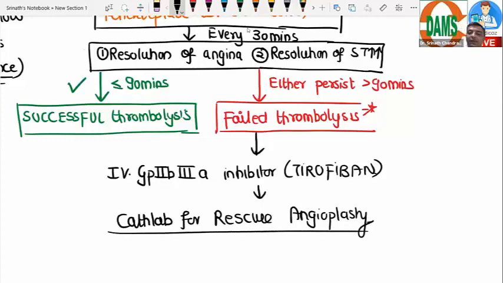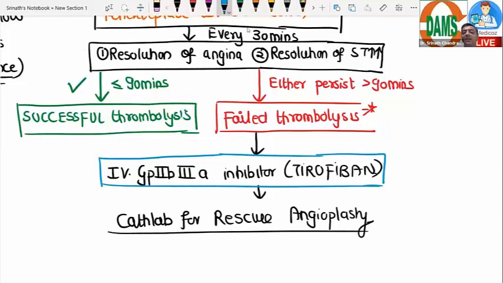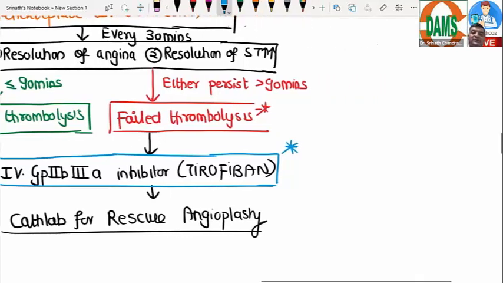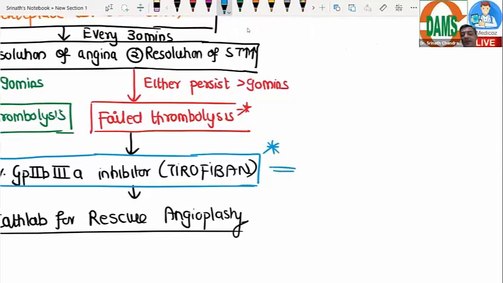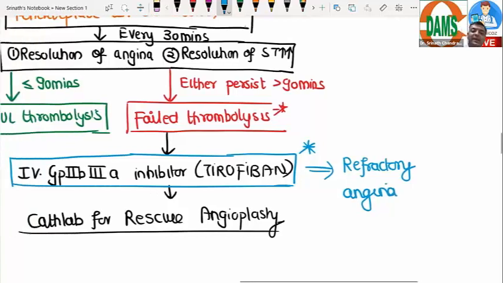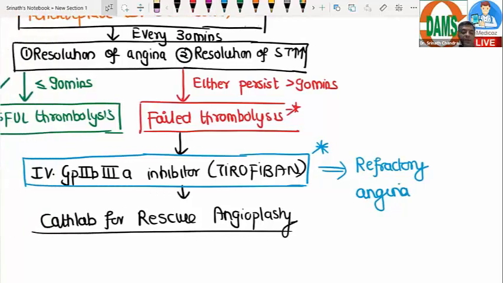So here we want to understand two drugs. One, the thrombolytic agent, the bolus thrombolytic, and the very important group of the GP2B3A inhibitor, which is indicated in patients with refractory angina in acute coronary syndrome.